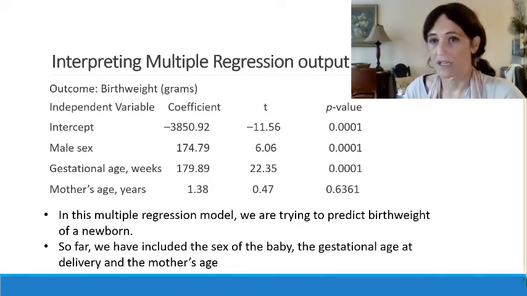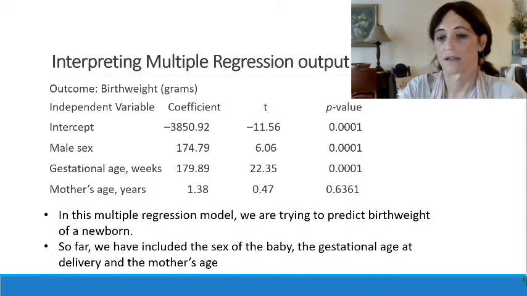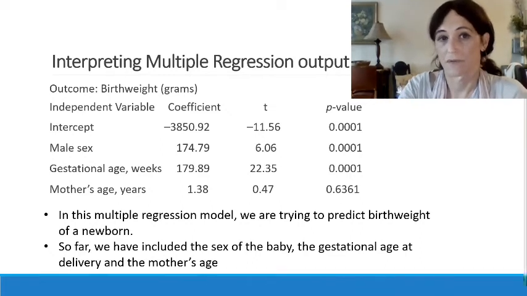There could potentially be some mutual confounding among gestational age and mother's age. Hard to know without looking first at the simple linear regression model. My guess is that mother's age just simply isn't important and also isn't a confounder, but that is something that you really can only examine by taking those intermediate steps with simple linear regression.